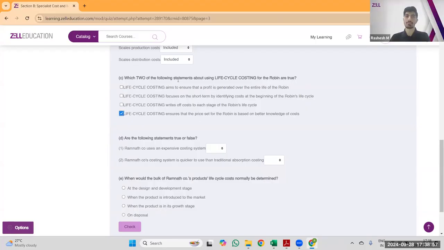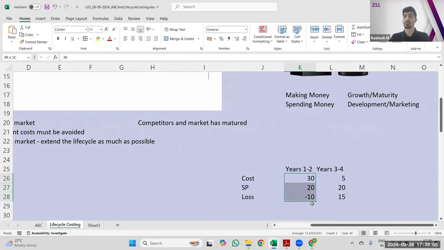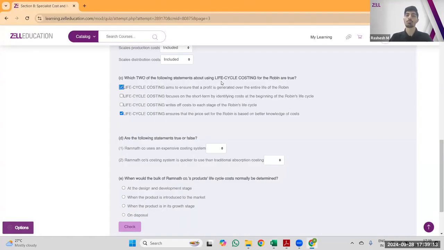Revisiting again, the first one is true because the whole idea of life cycle costing is that maybe per unit you won't make a profit, but across the life cycle, when you net it all off, you will have a profit being generated. Throughout the life, not necessarily, but when you end and see it, net, it should be profit.